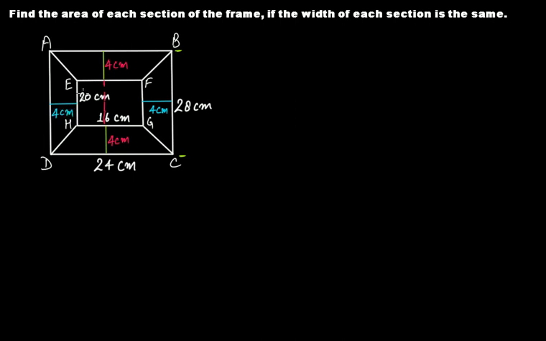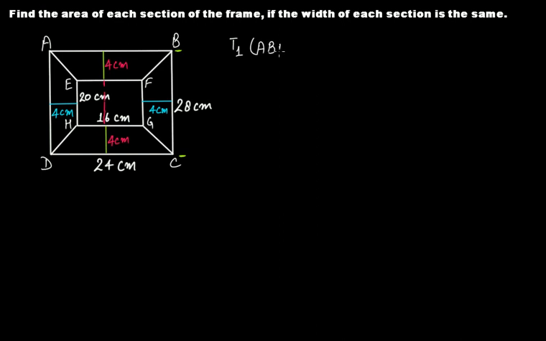Okay, now you have to calculate the area of each of these sections. In order to calculate it, you can clearly see that this is a trapezium, this is a trapezium, this is a trapezium, and this is a trapezium. We have 4 trapeziums.